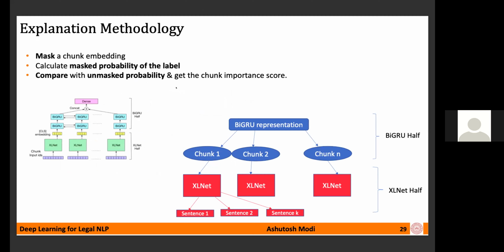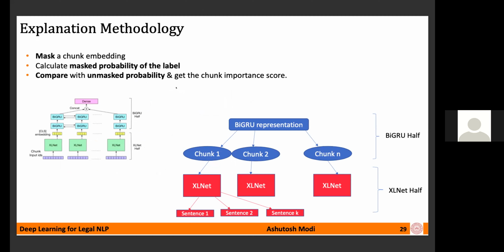For the explanation, the method that we use is based on the representation erasure technique. The idea here is that we mask a chunk embedding at a time, and we calculate the masked probability of the label after feeding the masked input to the model. We compare the masked probability to the unmasked probability to determine the relevance or importance of that chunk.